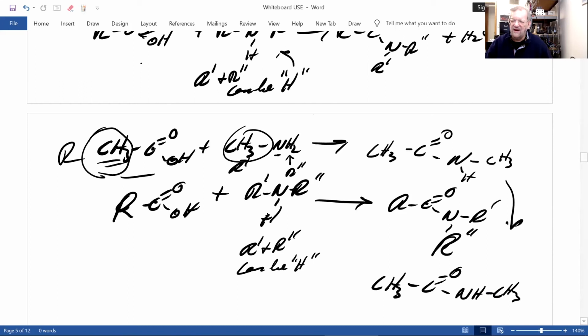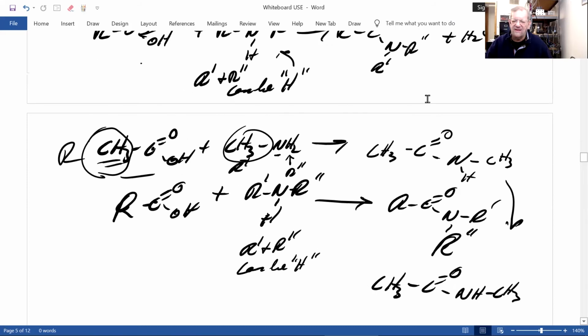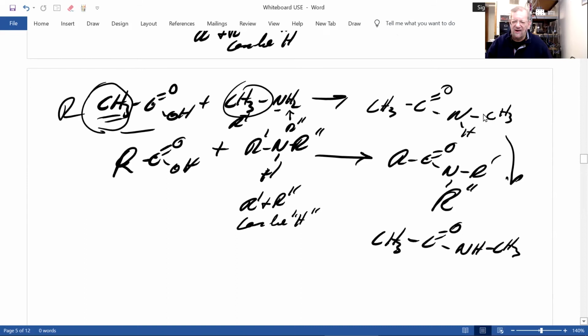Let me move me out of the way. And you can write that. You can write it like this or like this. And that's how you make amides.